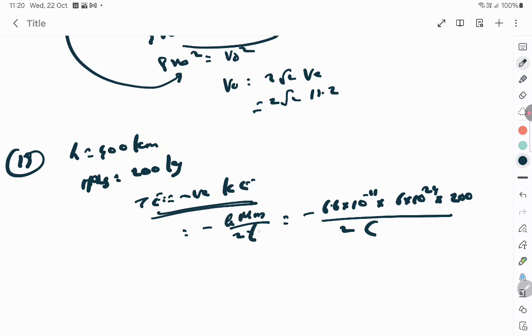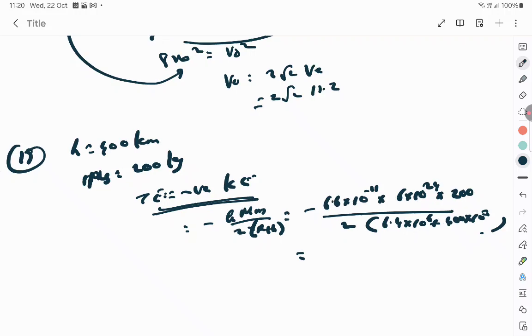Where this R can be written as R plus H. And capital R is 6.4 into 10 to the power 6, plus height is 400 into 10 to the power 3. So all these values will give you this. It's very simple. You just can write this and leave it like that. Let's go to the next question.